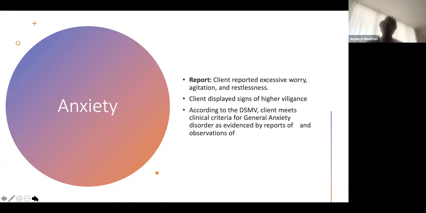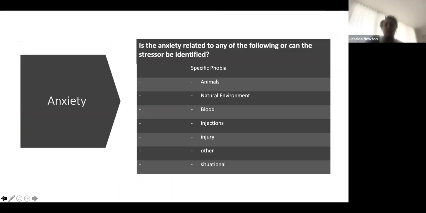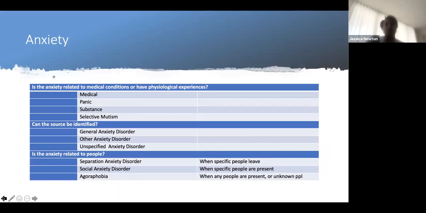According to the DSM-5, client meets clinical criteria for generalized anxiety disorder as evidenced by reports of, and in this particular case the reports would be excessive worry, agitation, and restlessness, and observations of the clinician, myself, the counselor, observed hypervigilance.